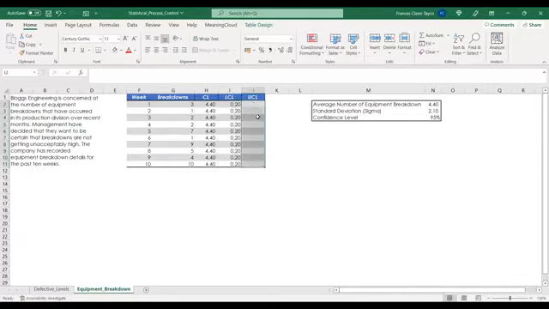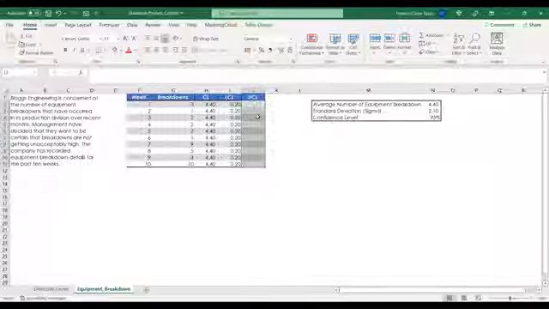Now for the upper control limit, same as what we've done for the lower control limit, we'll just use addition instead of subtraction.